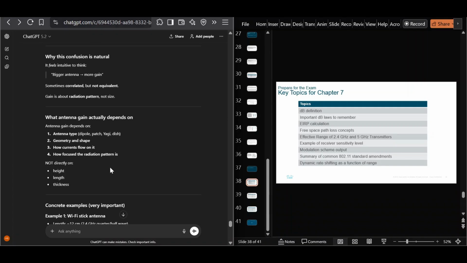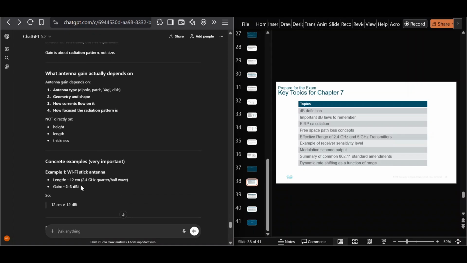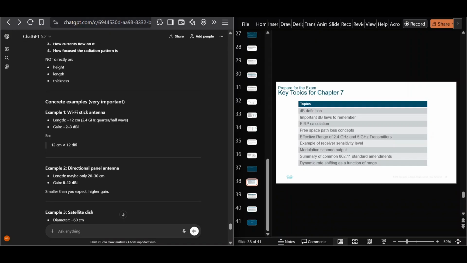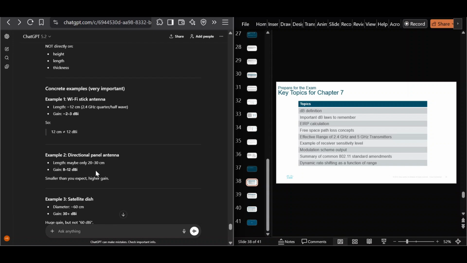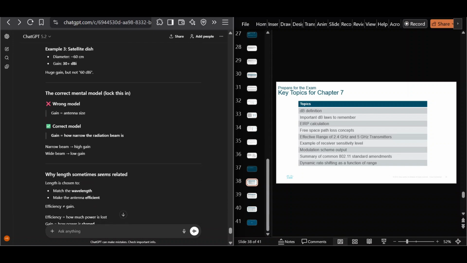Antenna gain actually depends on the antenna type: dipole, patch, Yagi, the geometry and how current flows, not height. For example, a Wi-Fi stick antenna of 12 centimeters at 2.4 GHz has about 2 to 3 dBi. A high-gain antenna could be 8 to 12, or even 30 dBi.